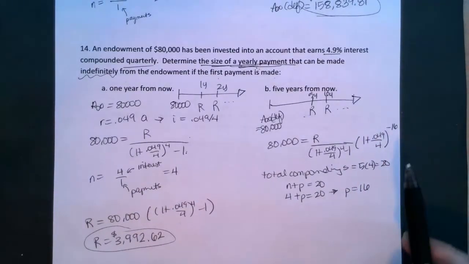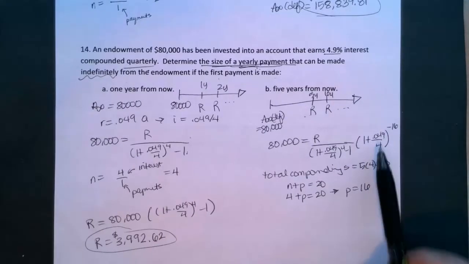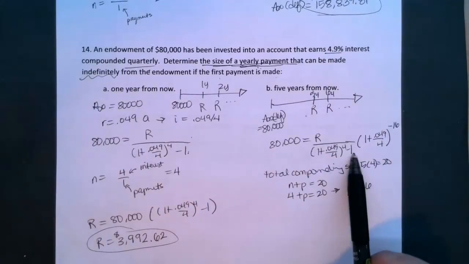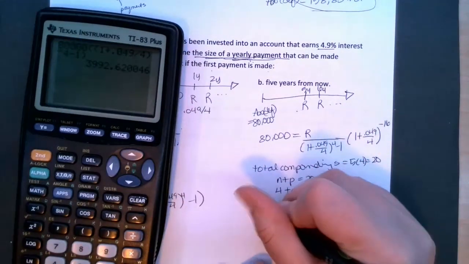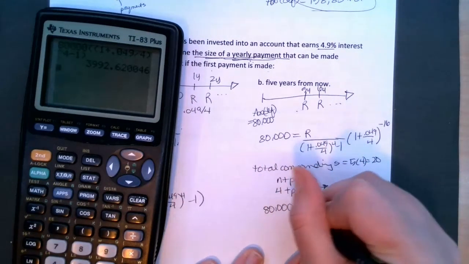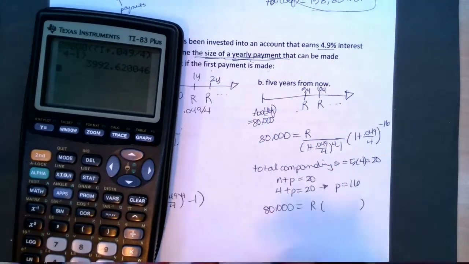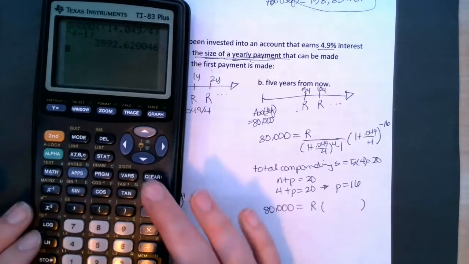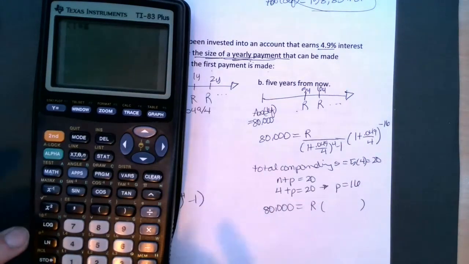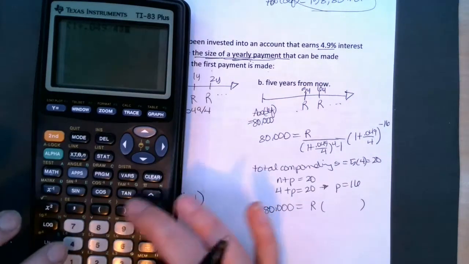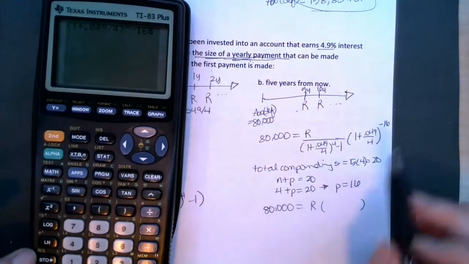Alright, so in this one, I'm going to take this divided by my denominator, and then I'm going to get my coefficient for R. So we have 80,000 equals R times some number, and then we'll divide by that. So I'm going to take this piece, 1 plus 0.049 over 4 to the negative 16, because that's on the top.